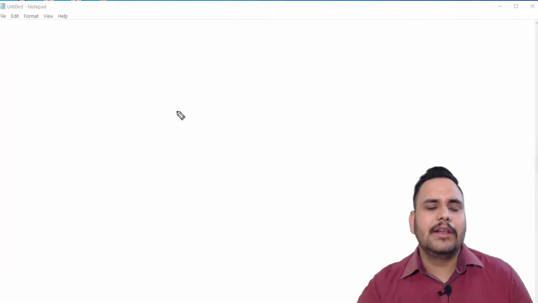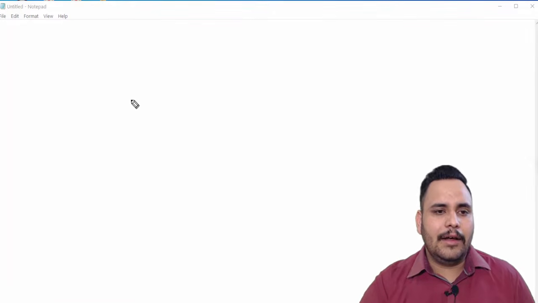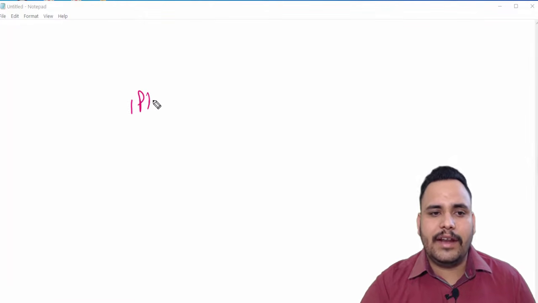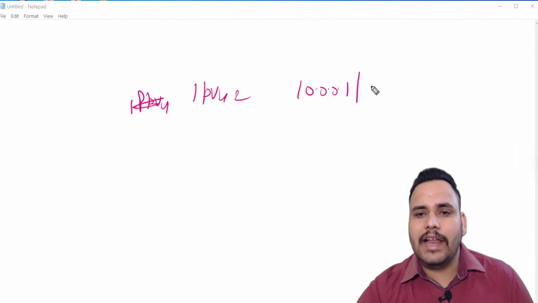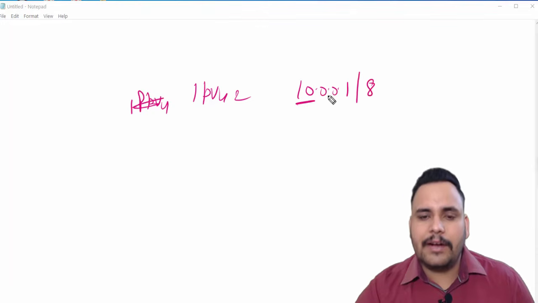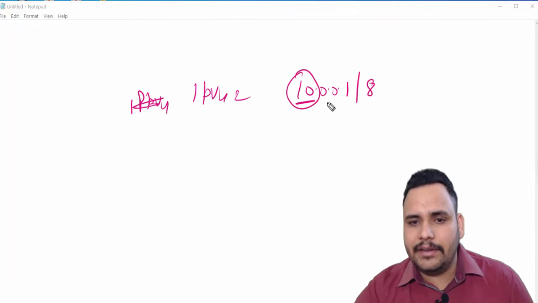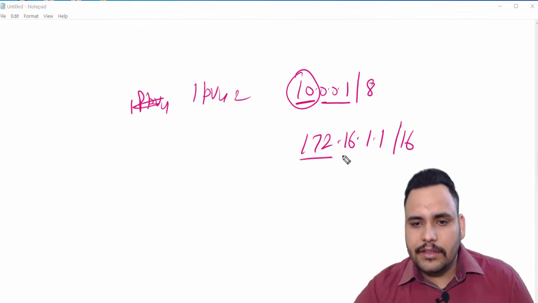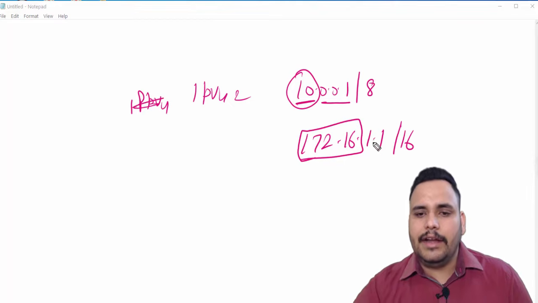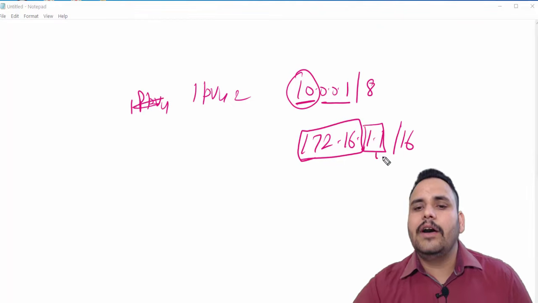Now for example, I was writing IPv4 addresses like 10.0.0.1/8. So the /8 part is the network ID and the rest is the host ID. In 172.16.1.1/16, the first 16 bits are the network ID and the rest is the host ID.